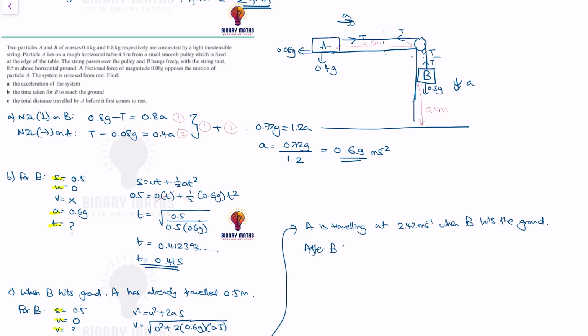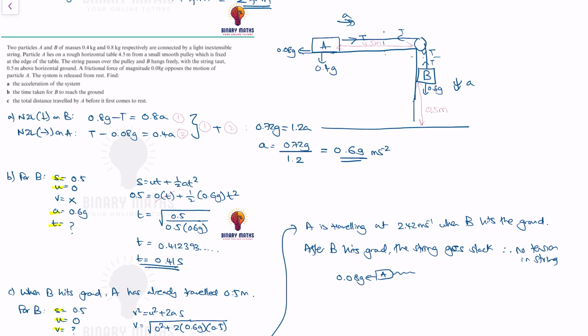After B hits the ground, the string goes slack. So A is traveling and there is no tension in the string. Which means the only force acting on A is pushing it backwards by 0.08g.